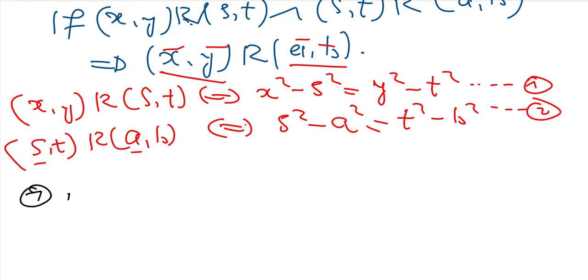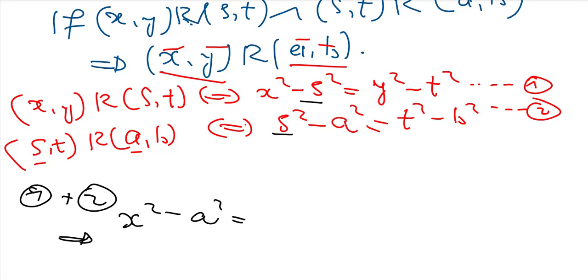If we take equation 1 plus equation 2, what do we realize? x squared will be left, negative s squared plus s squared we cancel, so I will be left with x squared minus a squared. Likewise y squared will be left minus b squared, since negative t squared cancels out with t squared.